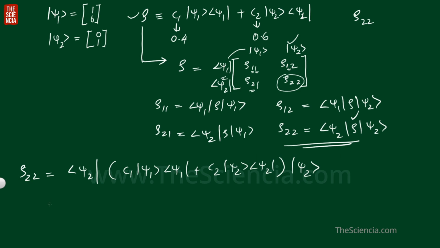Here these states are normalized, so we get bra psi 1 ket psi 1 equal to bra psi 2 ket psi 2 equal to 1, and bra psi 1 ket psi 2 equal to bra psi 2 ket psi 1 equal to 0. Now we can substitute this condition here and multiply.